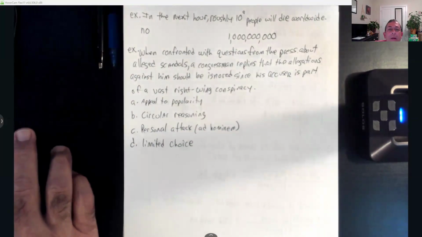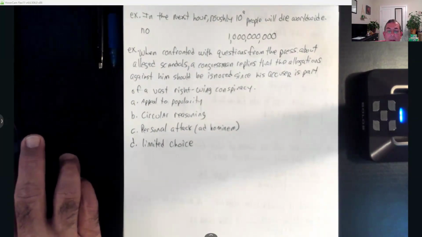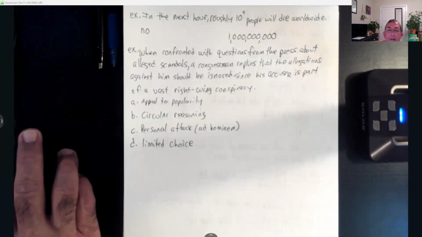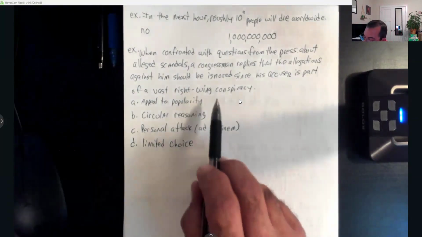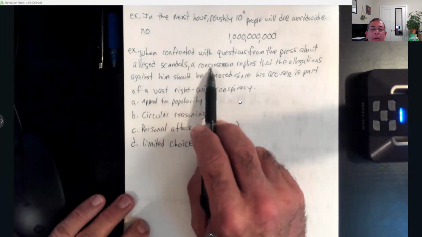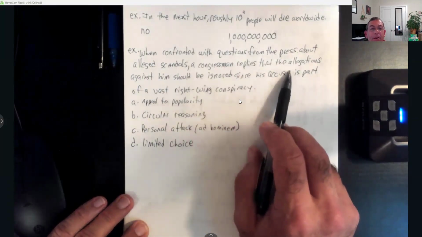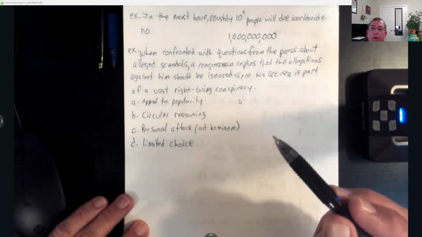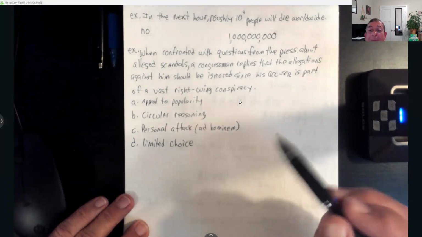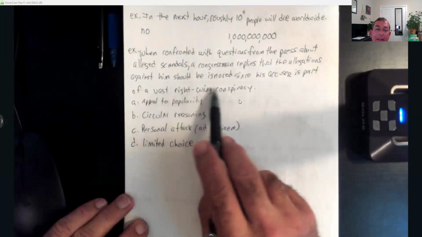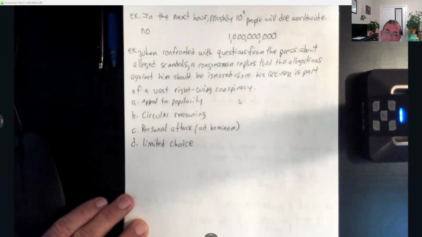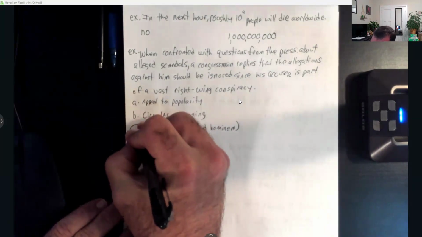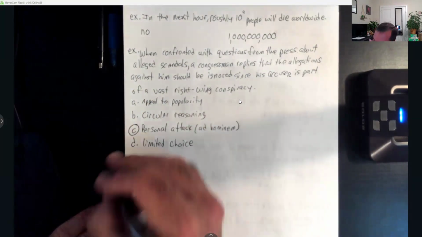So let's see what my chat says on that. You're saying C, so y'all going with personal attack. Yeah, basically, because he's attacking the other congressman or candidate, and telling them that they're a vast right-wing conspiracy. So they're attacking them. So definitely a personal attack. Good job.